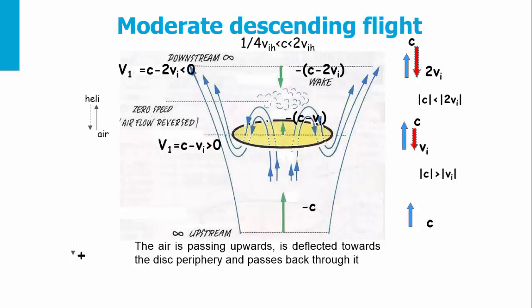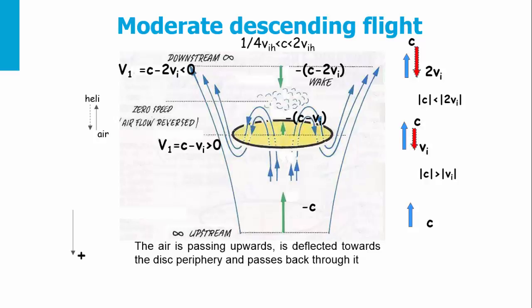Assume next that a helicopter is in a moderate descent flight. The descent speed is c and is directed, of course, upwards. If we consider the positive direction down, it means that upstream the velocity of the air is minus c.